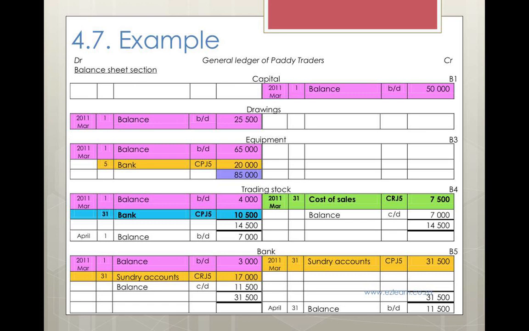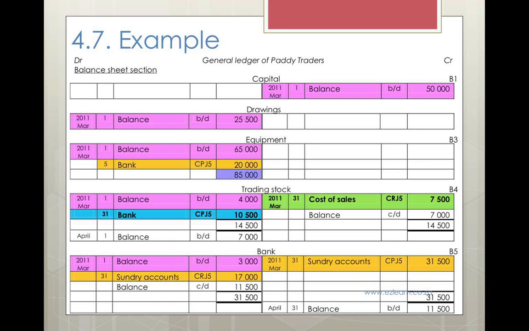The trading stock account will need to be balanced. You will do this in exactly the same way as you balanced bank last year. You look to see which is the biggest side. Since it's impossible to have a negative stock balance, you would take the debit side as your total and put the 14,500 as totals.